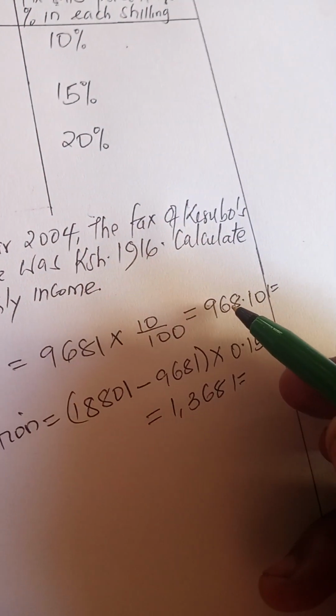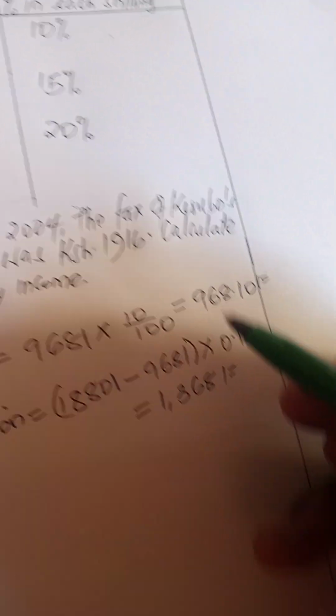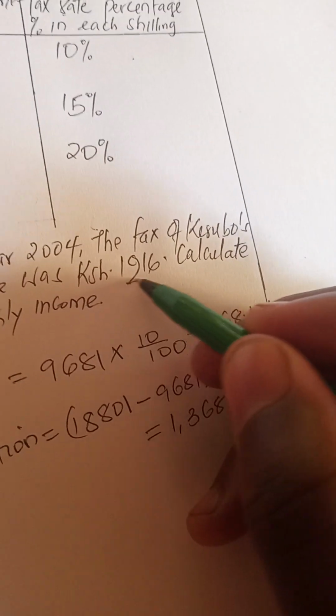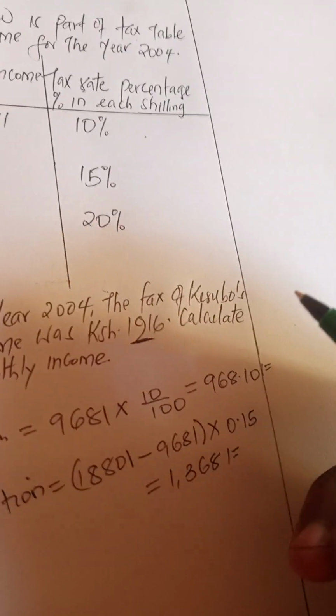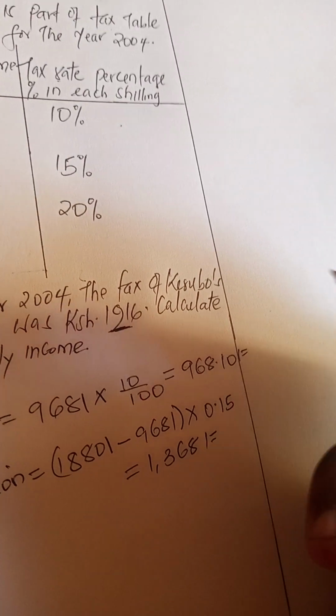What we need to do is sum up the taxes we get and see whether we come close to the tax that Kerubo paid in that year 2004.